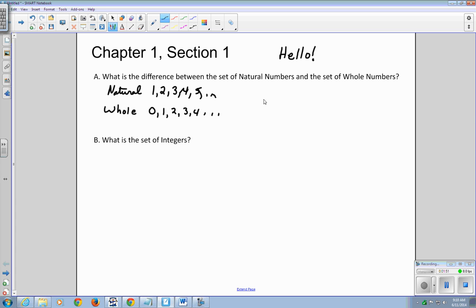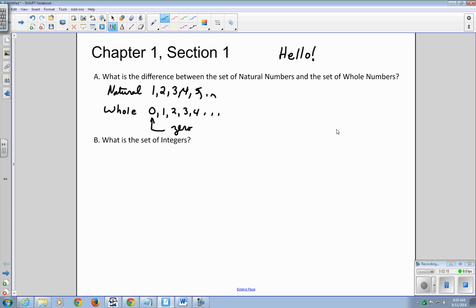So the difference, of course, between these two sets is that the whole numbers contains 0, meaning nothing. It's funny that we should have a whole number devoted to nothing, but it's a very important concept because our mathematical system would not be what it was without that 0.